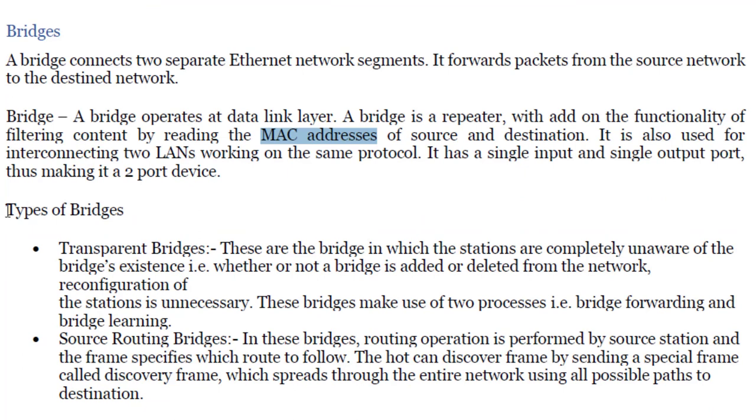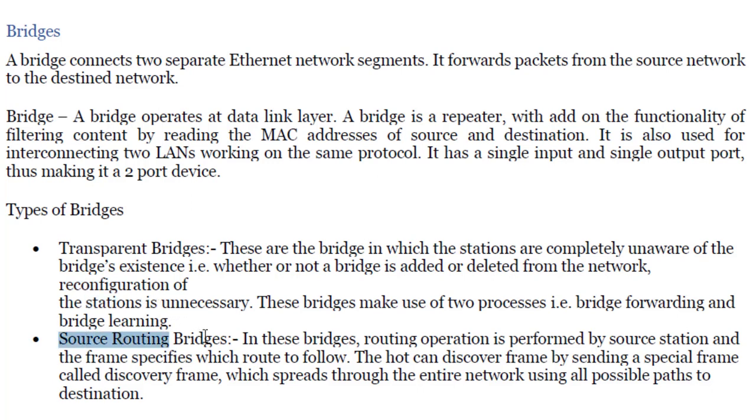Now, there are two types of bridges. These are the transparent bridge and the source routing bridge. In the transparent bridge, the stations are completely unaware of the bridge's existence, whether or not a bridge is added or deleted from the network. Reconfiguration of the stations is unnecessary.